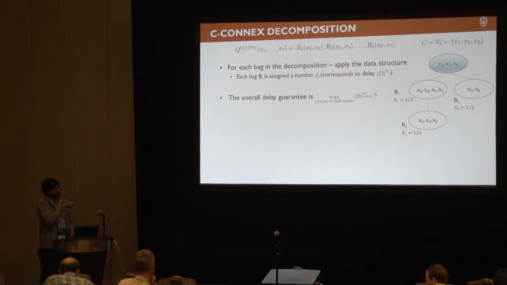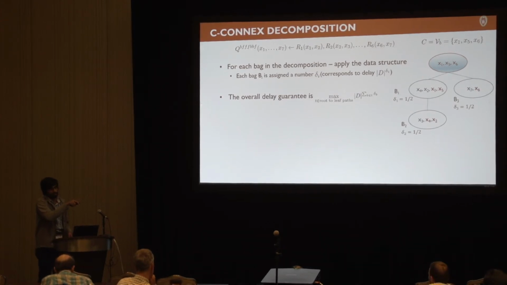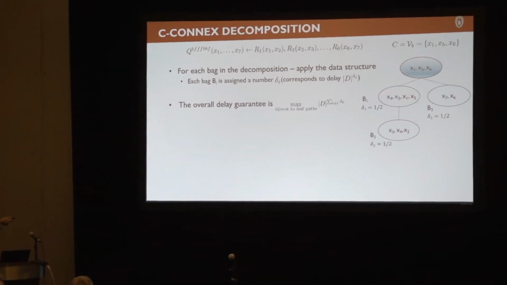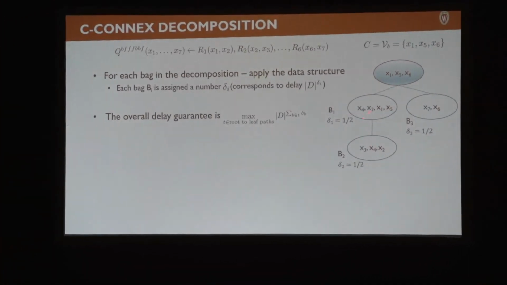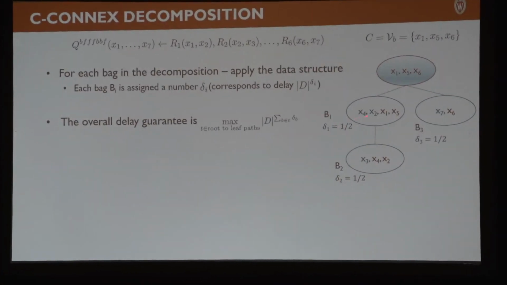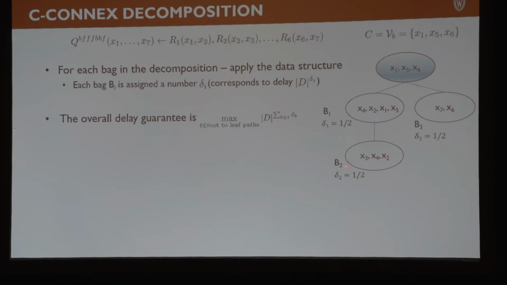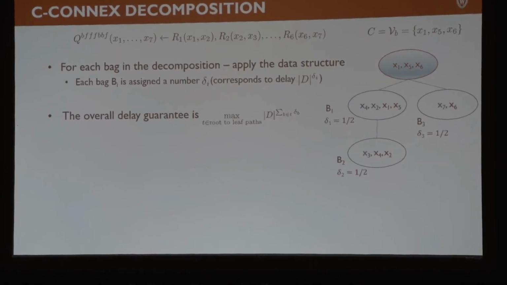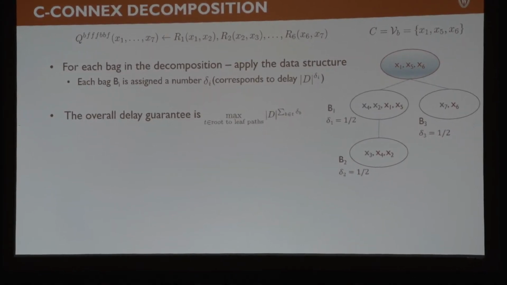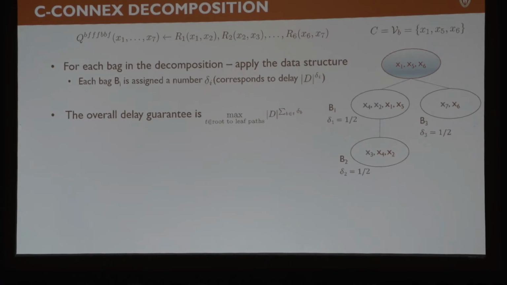So what is the overall delay guarantee here? The overall delay guarantee for the query is the largest root-to-leaf delay product, because the enumeration in each of the branches is independent. I get d to the half delay in my bag B1, and d to the half delay in my bag B2. So the overall guarantee will be the largest root-to-leaf delay product.